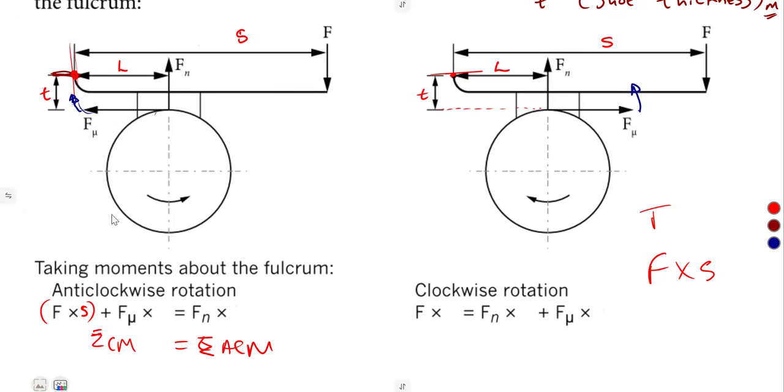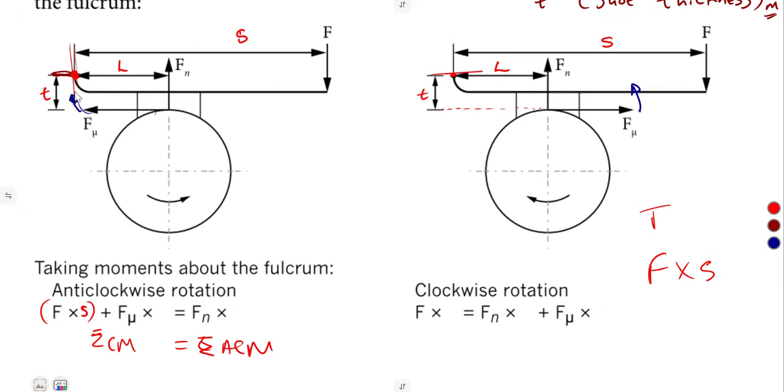It tends to go up because the fulcrum is on top. If it was below, then it would tend to go down. When the fulcrum is up, it tends to go up. So that's clockwise. The distance now is the thickness.